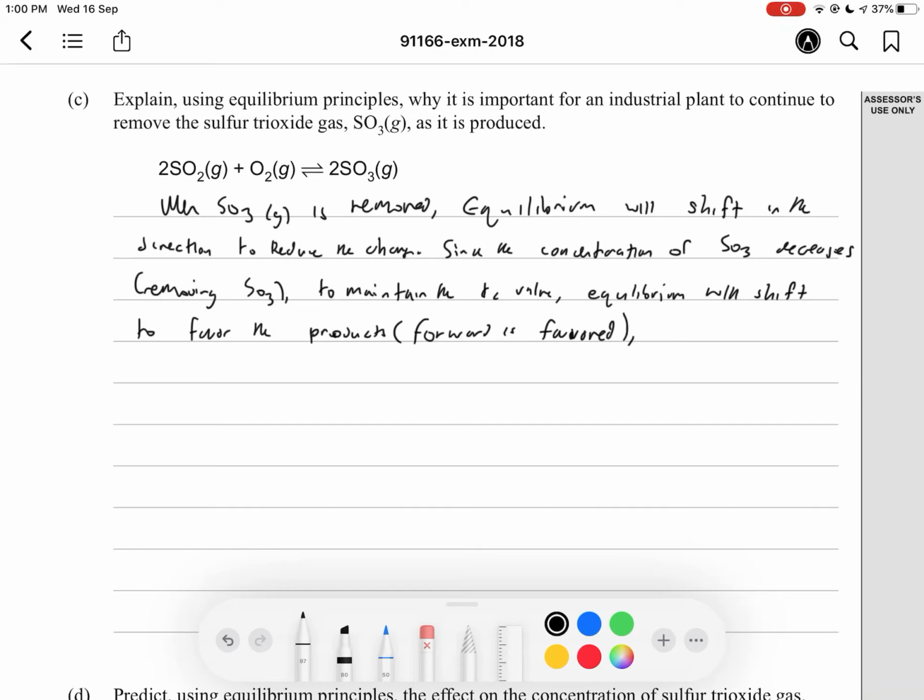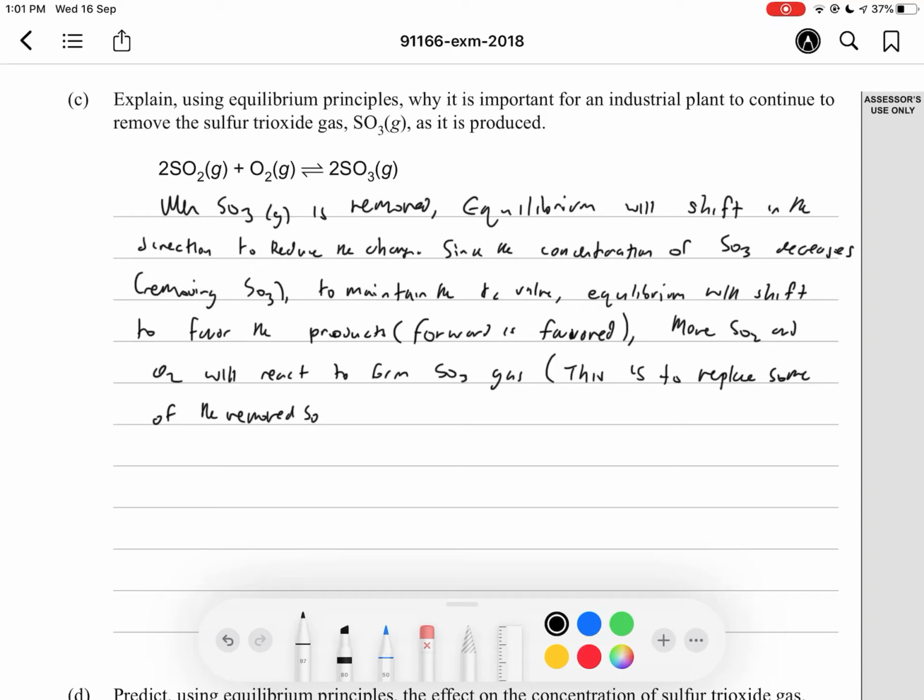So we can say that more SO2 and O2 will react to form SO3 gas. So you can say this is to replace some of the removed SO3 gas.